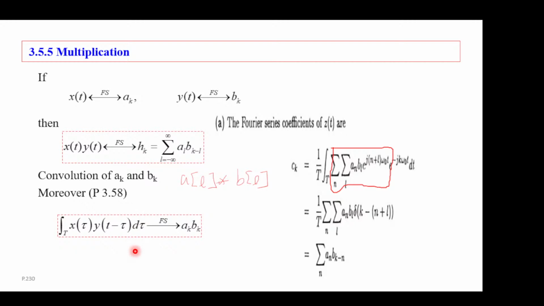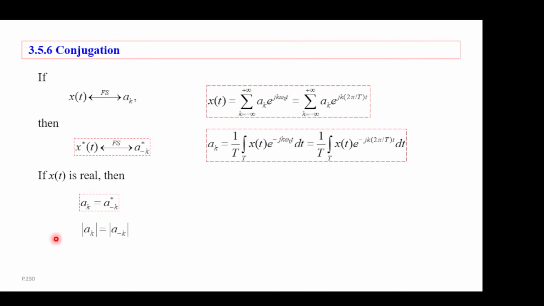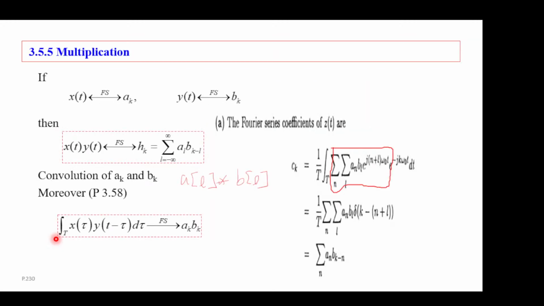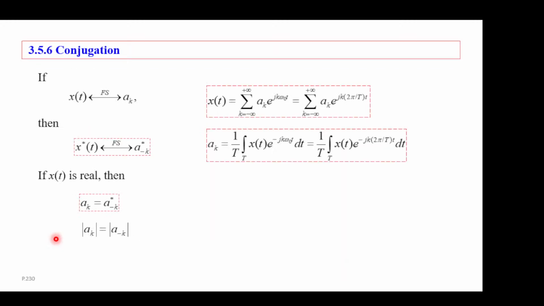But now this side is a little funny because those are periodic signals. So we say it's convolution, but it's different from our definition because the integration is only over one period. But you can get this. Okay, that's interesting.